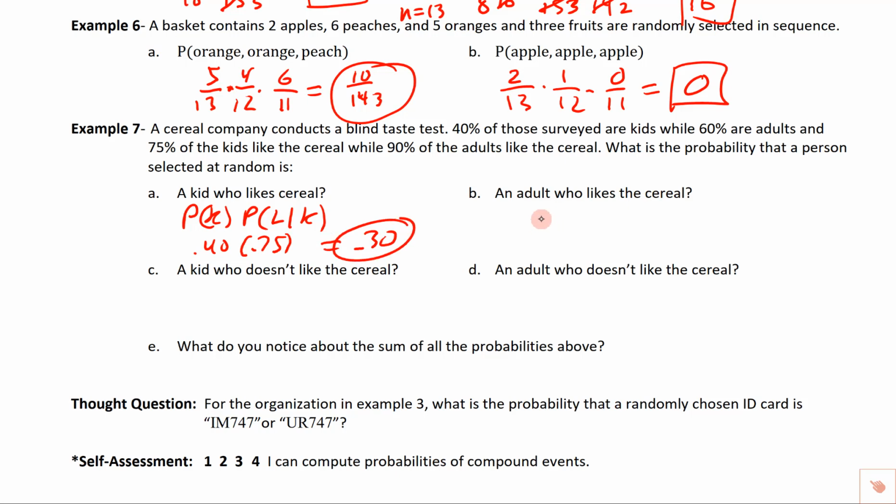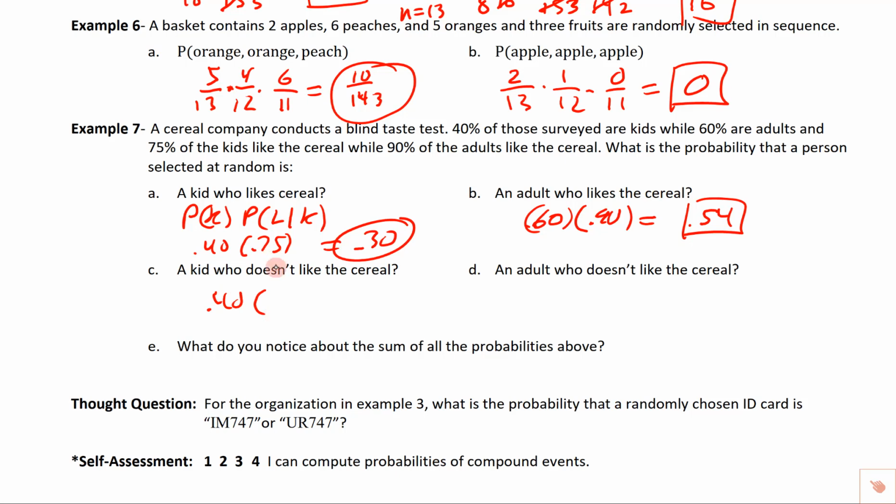So this is going to be the probability that they're an adult, which is 60%, and the probability that they're an adult who likes the cereal, 90%, which if I multiply those together, I get 0.54. So a kid, 40%, doesn't like the cereal.